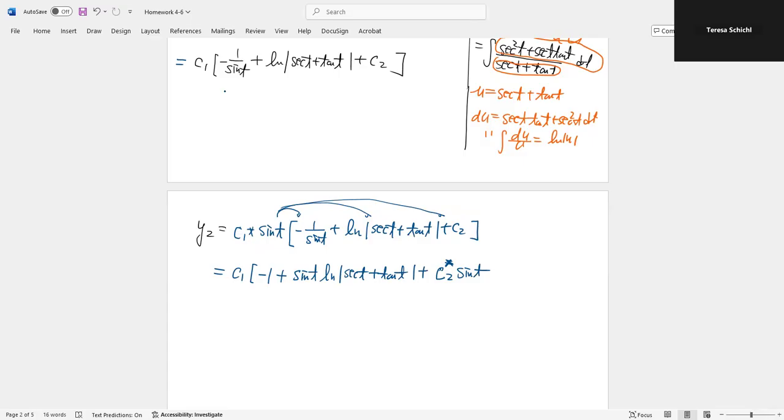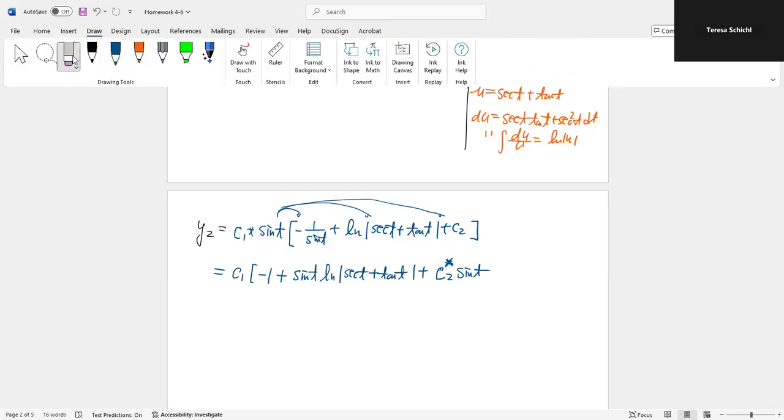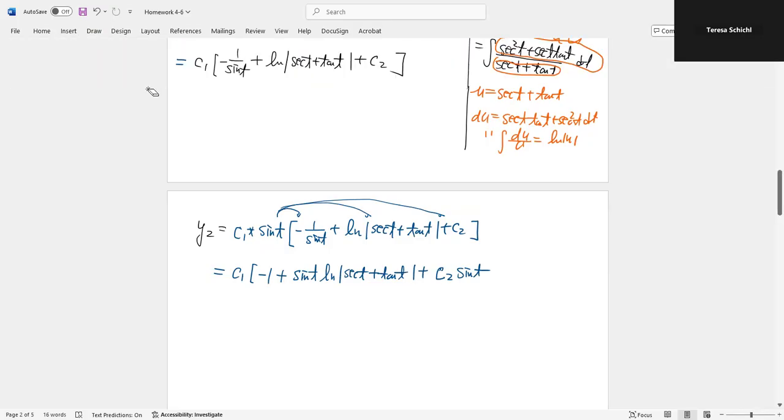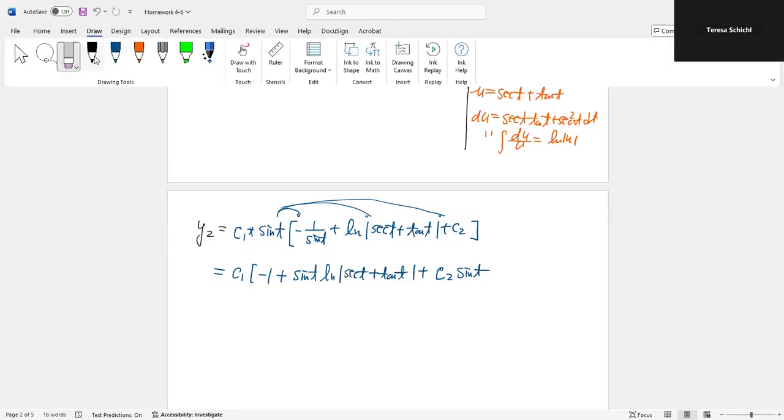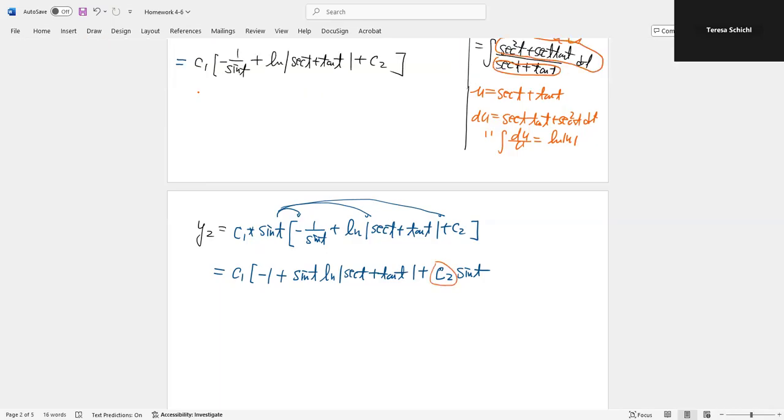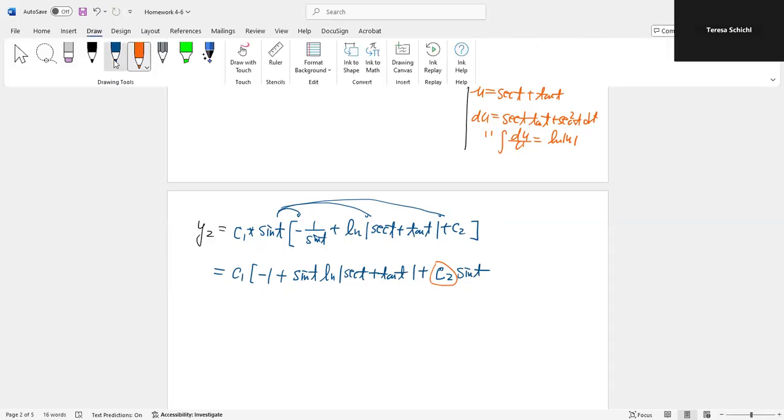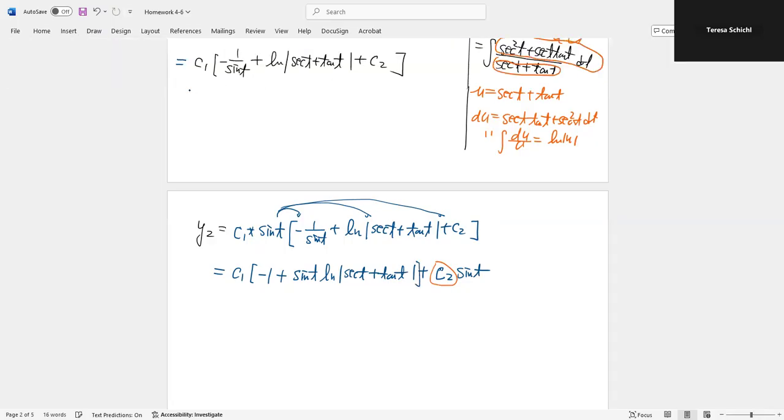When you plug that one in, this will be some other constant. You can say it's just C1 times C2. So when you multiply the constants here, we call this another constant C2. Okay, so this is my y2.